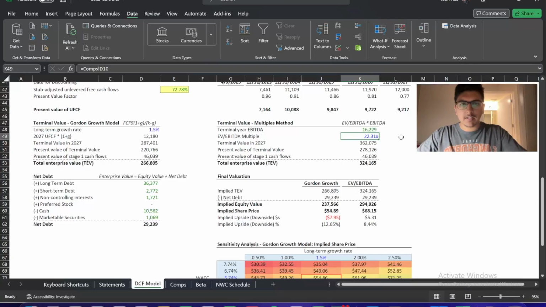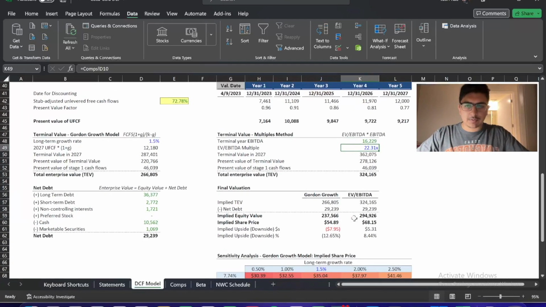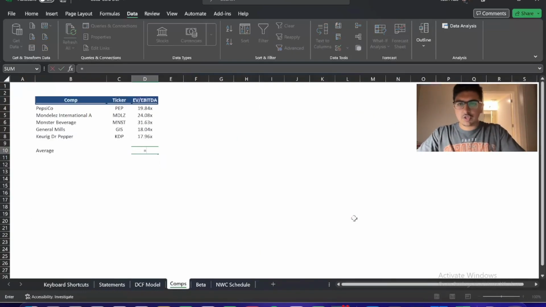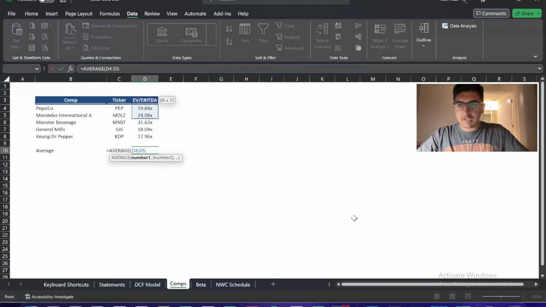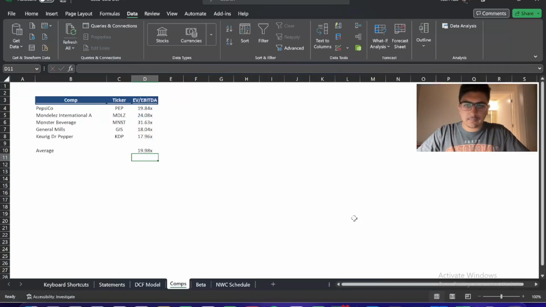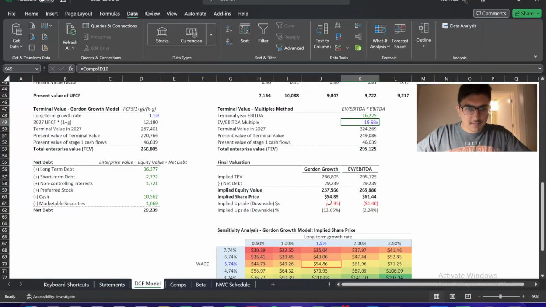Now, if this EV to EBITDA multiple was just an average of PepsiCo, Mondelez, and then General Mills and Keurig Dr. Pepper, now it's also showing the red because it's 19.98.